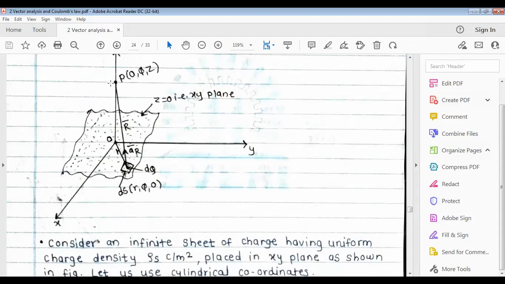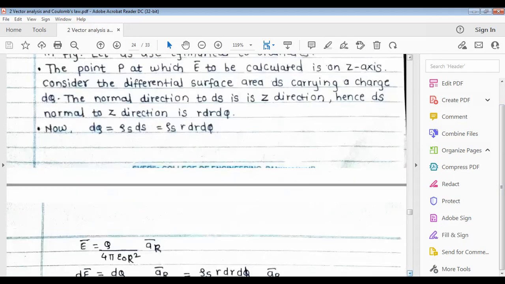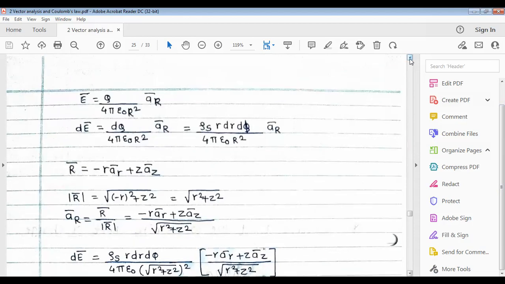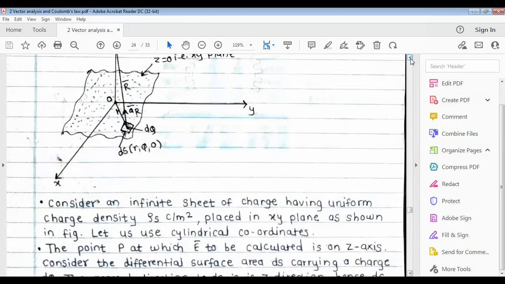The end point is P, and it starts from this dS. Okay, so we have to find first r bar. This r bar is equal to end point minus start point.